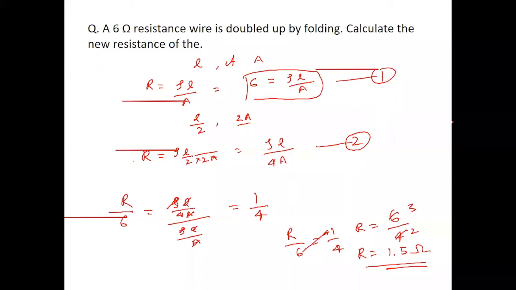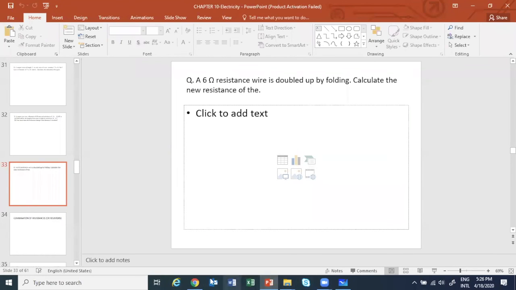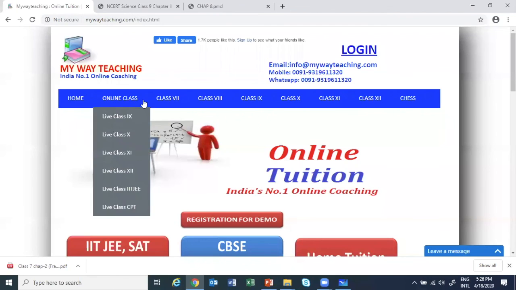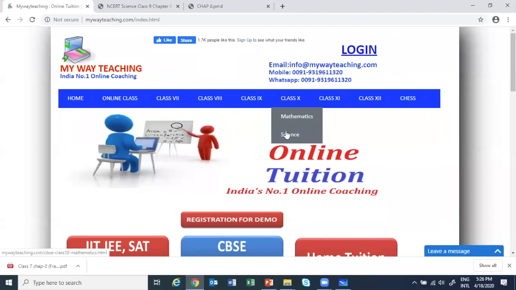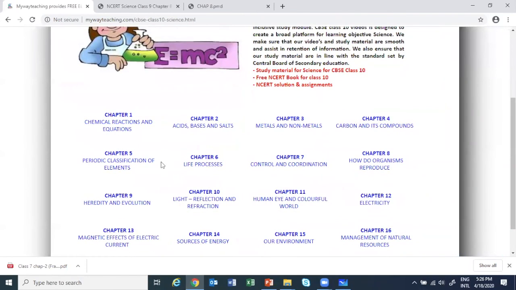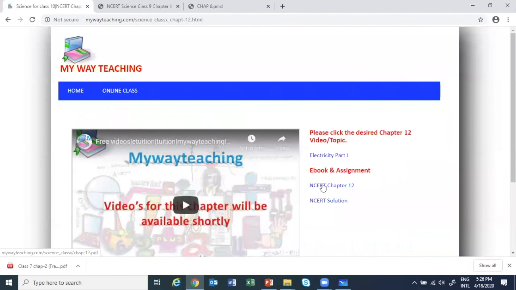Okay, and if you need a book, I'll show you. This is a website, mywayteaching.com, and for class 10th, if you go to science, where the electricity is, you click this one. Here you can find the chapter.